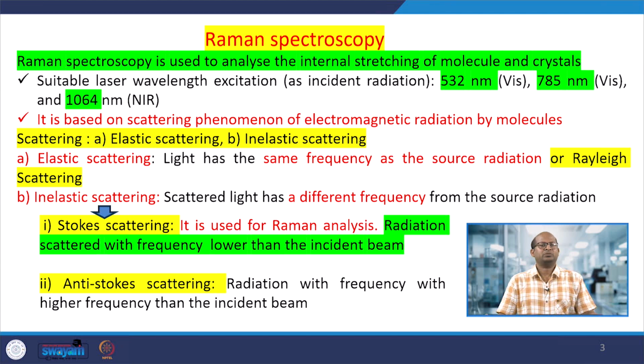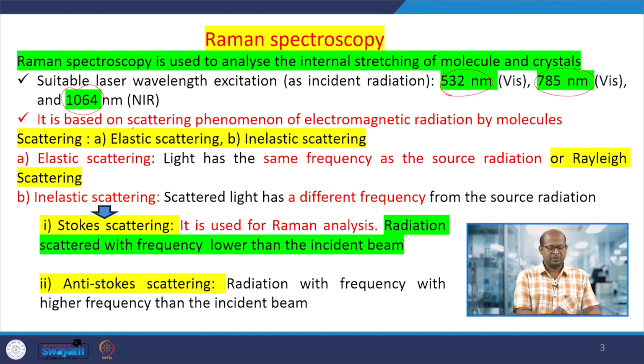Then we have to use Raman spectroscopy to get the molecular vibrations. Here we can use different excitation lasers, 532 nanometer, 785 or 1064 nanometer, different wavelengths as the source of incident radiation.